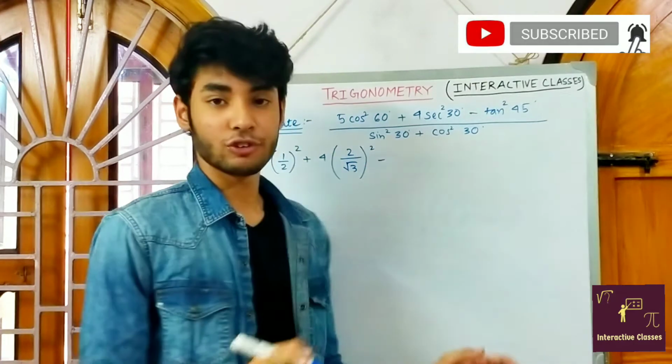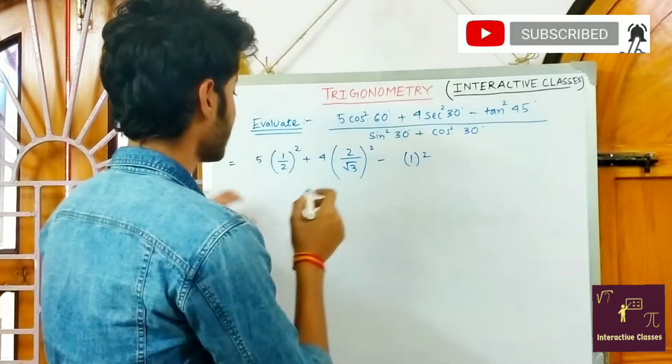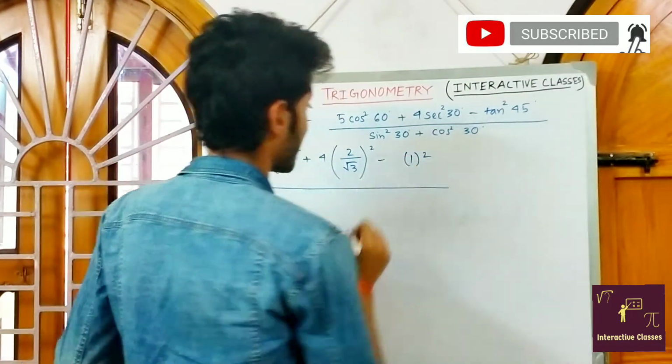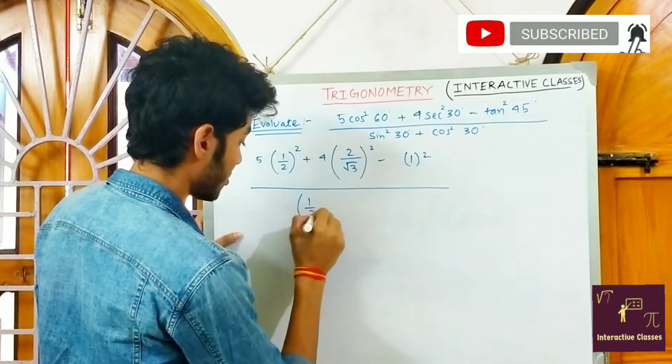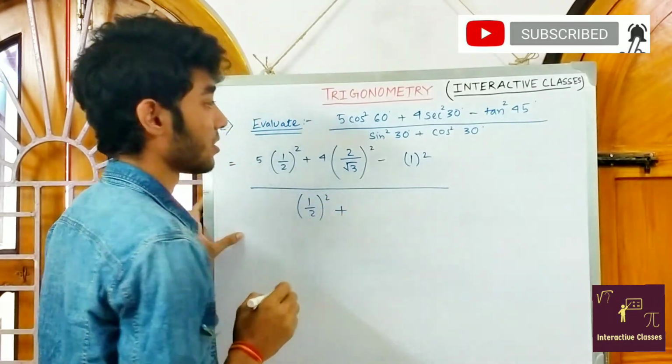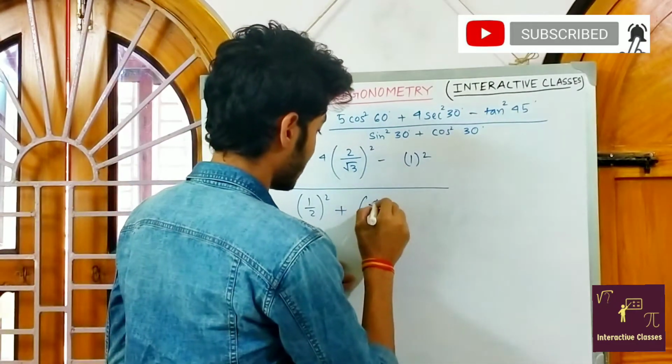And the value of tan 45 is 1, we know it, that is 1 square. Now sin 30 is half, plus cos 30 is root 3 by 2. So we will write it over here.